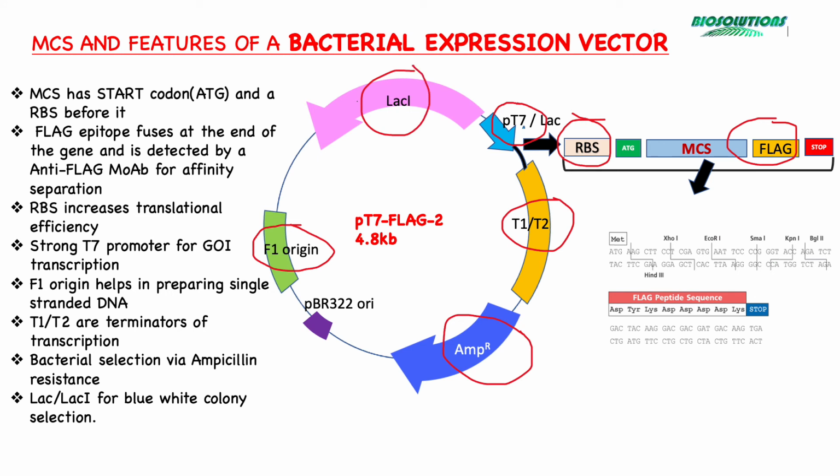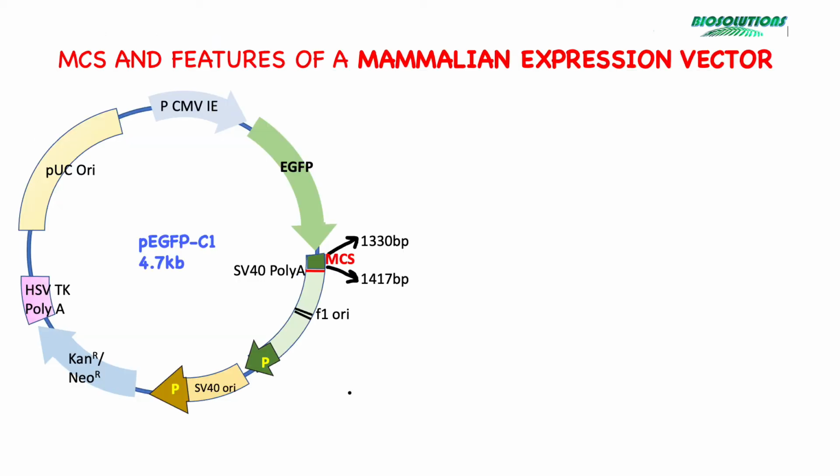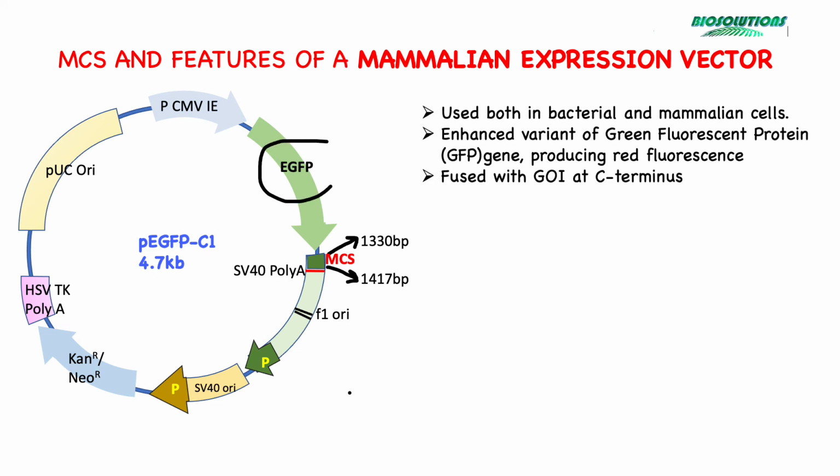and terminators T1, T2. Whereas a mammalian expression vector such as pEGFP-C1 shown here has a green fluorescent protein or GFP variant which fluoresces in red color. This gene tag fuses in frame with the gene of interest ORF at the C terminus so that there is no stop codon till the end of the GFP gene, and the protein produced is therefore a fusion protein.